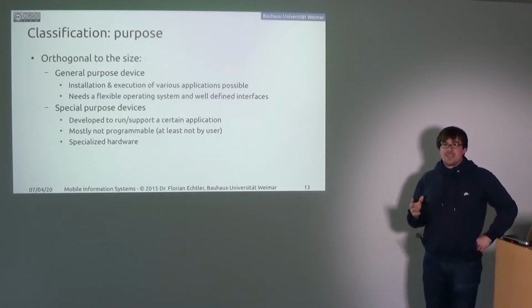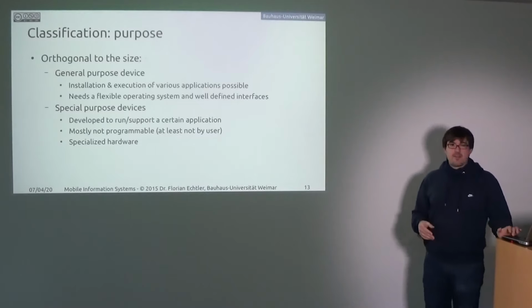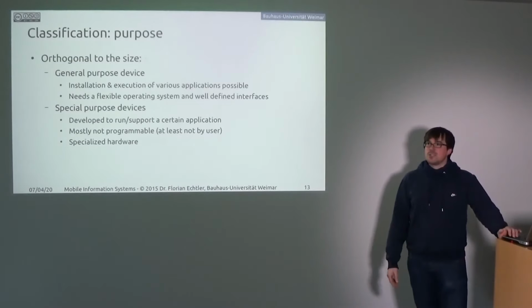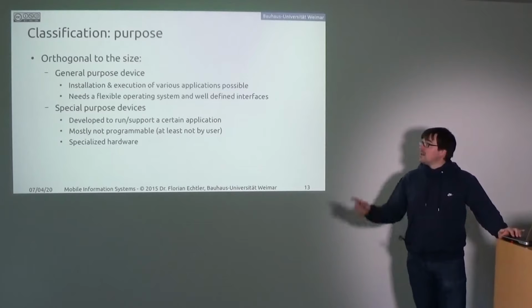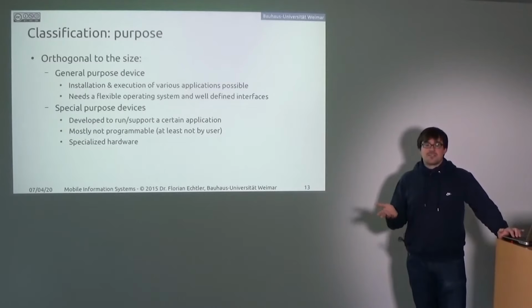Often that's because it's really time critical what these devices need to perform, because you need to have a guaranteed reaction time of something below 1 millisecond or so, and that's usually not something you can achieve with a general purpose device, because you have all sorts of different apps running in the background that just happen to take more processing time than your important task would actually need.